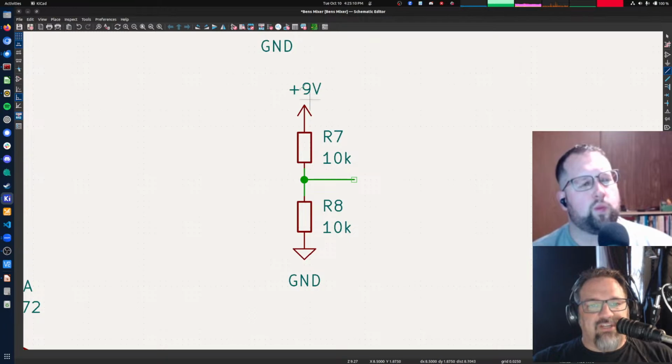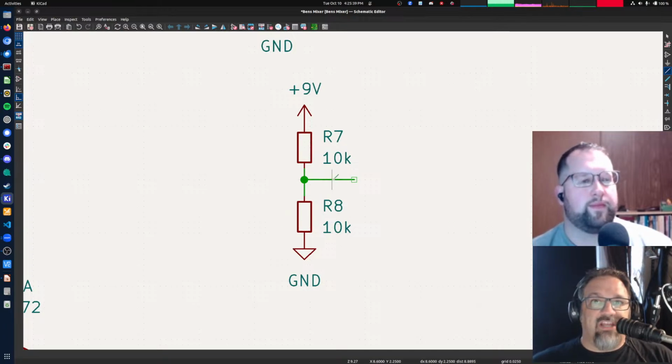So if I have 9 volts here and ground here, and I've got 2 resistors of equal value, that's going to pass some current through here, and it's going to be the same amount of current going through there as there, because there's no other place for that current to go. And Ohm's law says that the voltage drop across that resistor and that resistor has to be the same, because they're the same value and have the same current. Which means, between 9 volts and ground, each of these is going to take half of that voltage.